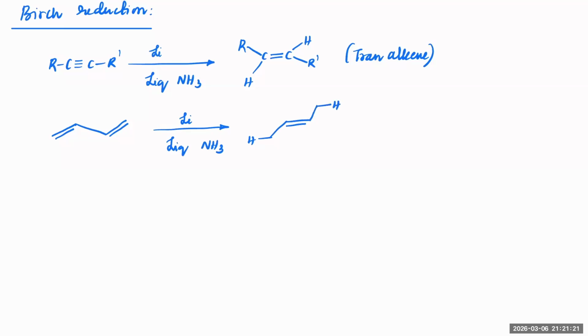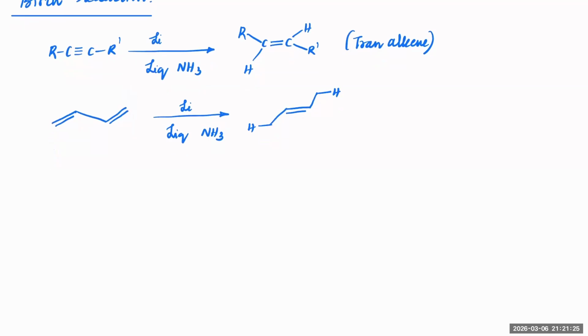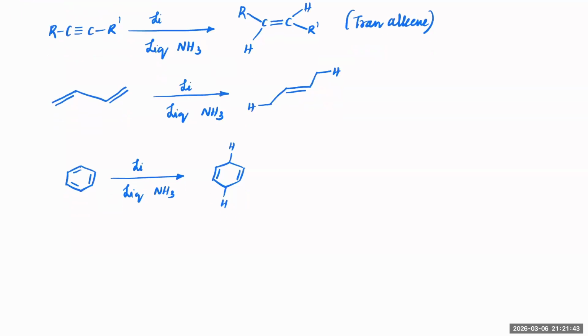So addition happens at the 1 and 4 positions, correct? The same thing happens even on benzene. If you have benzene with lithium in liquid ammonia, we will get 1,4 addition here also. So we will get H at 1 and 4, with double bonds.